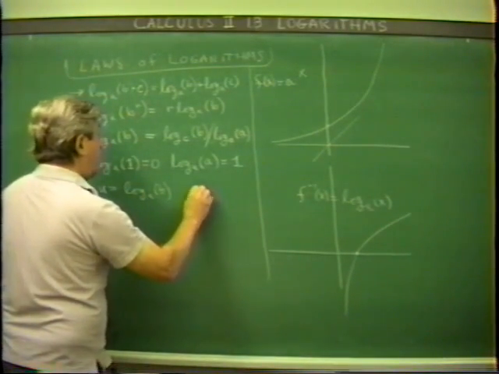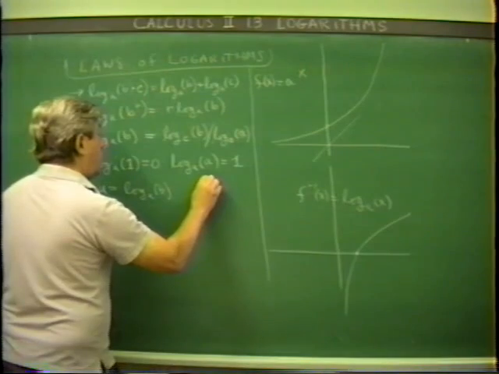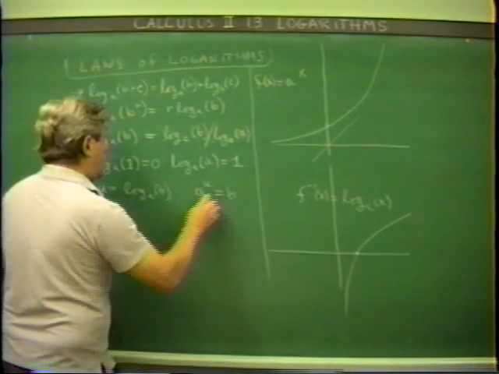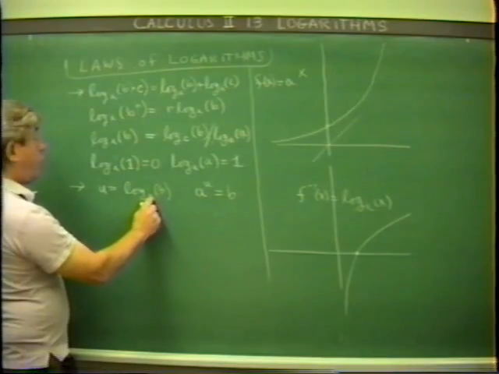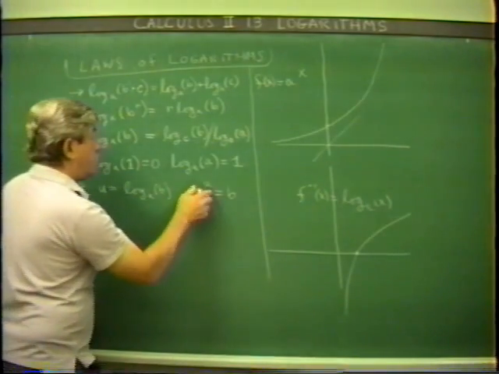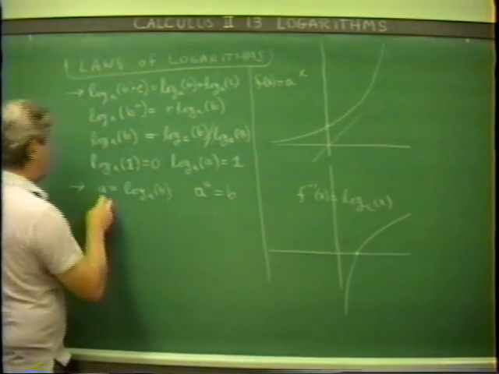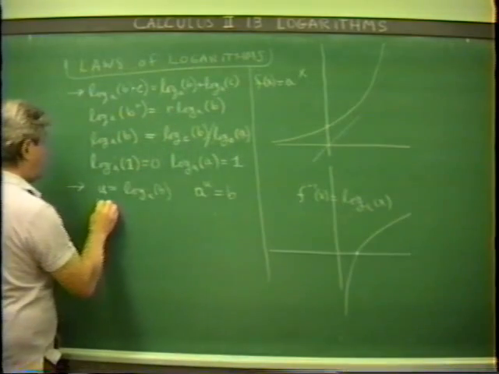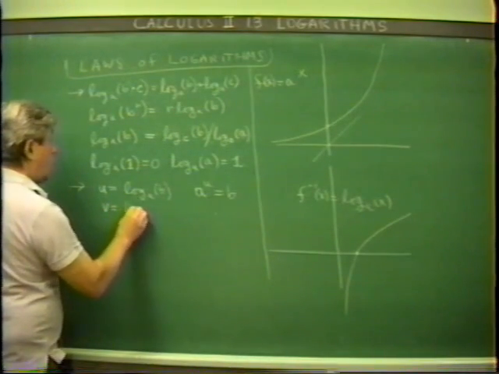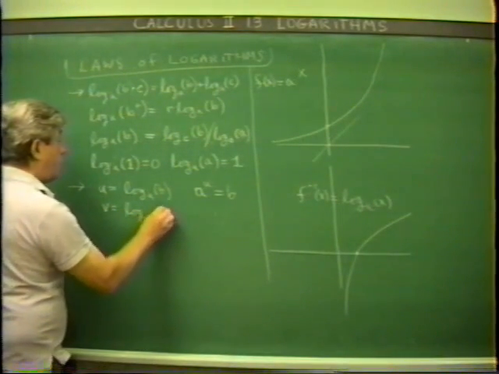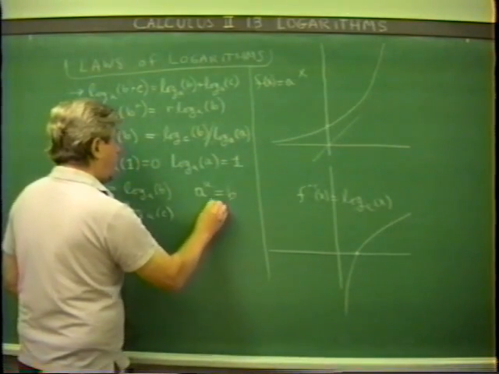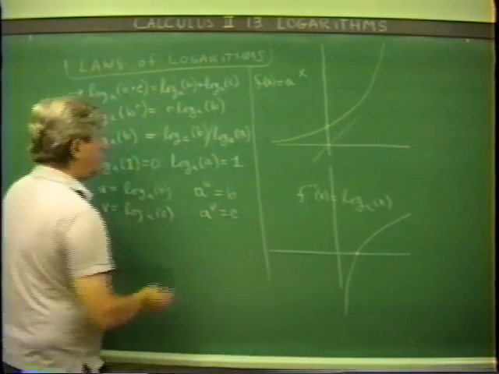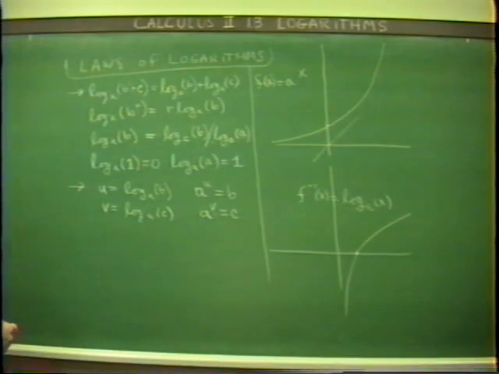Then a to the power u is equal to b. Log to the base a of b is the power you raise a to get b, so a to the u is b. Let v be equal to the log to the base a of c. Then a to the v is equal to c.